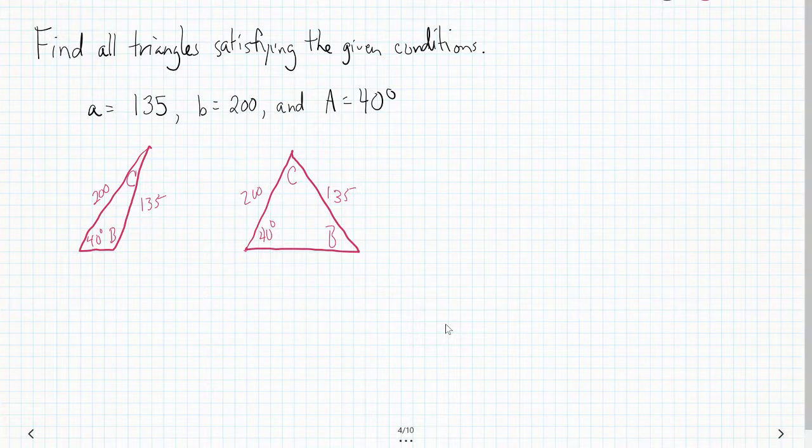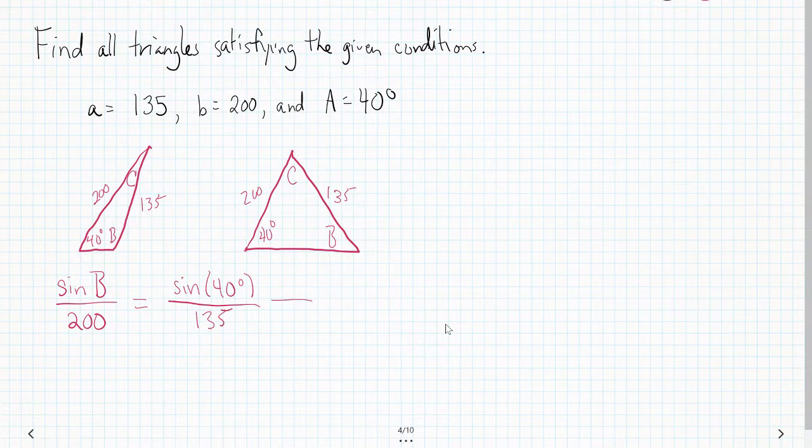Well, we can write, we're going to be looking for sine of B. So sine of B over 200 equals, then it would be sine of A, which is 40 degrees, over A, which is 135.